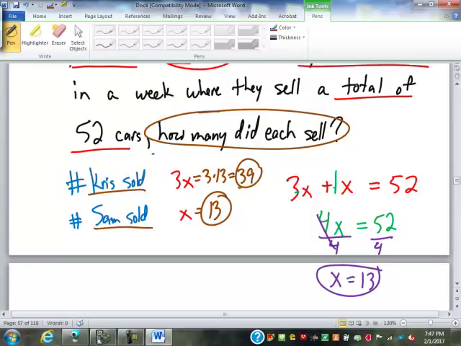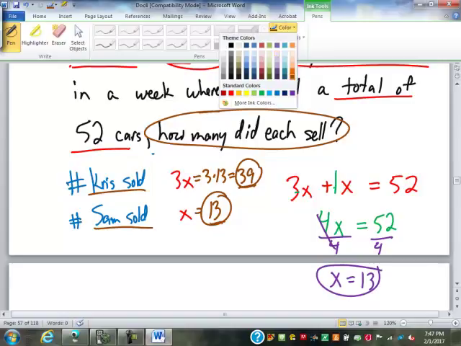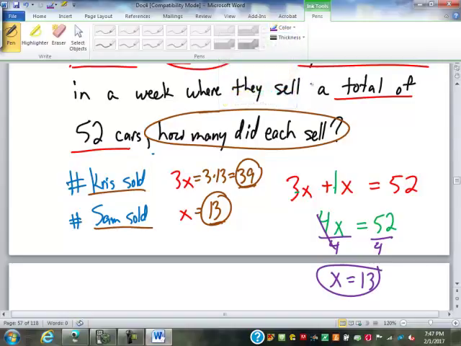Now we can double check. Is 39 plus 13 52? Yep. Is 39 3 times 13? Yes. So it fits the problem. You can always go back and double check to make sure it fits in the problem.